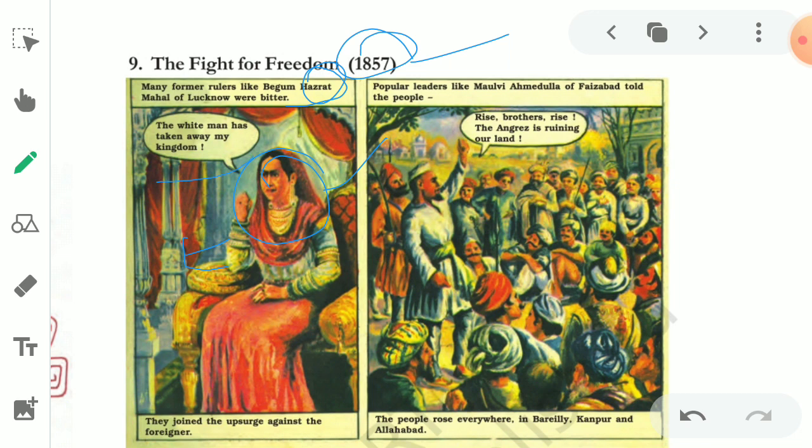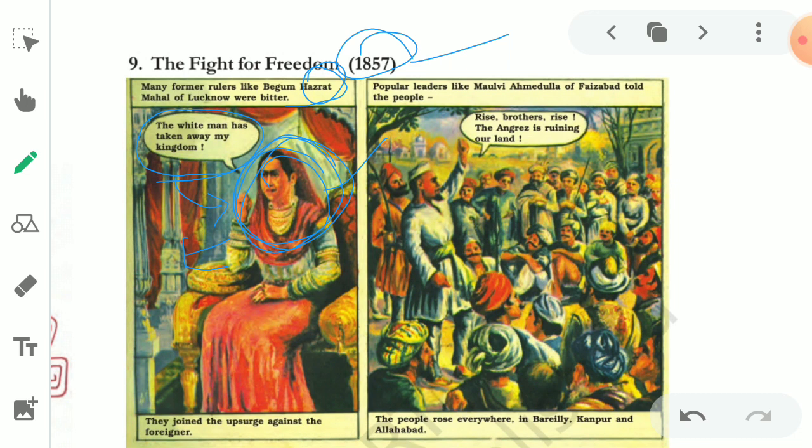The white man has taken away my kingdom. She is one of the rulers in the country, and she lost her kingdom just because of British rule.